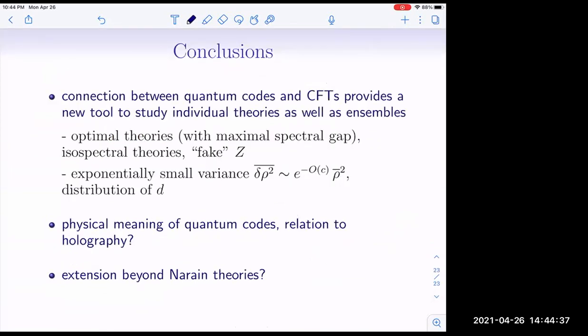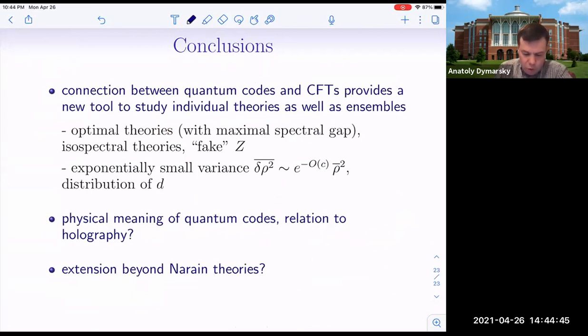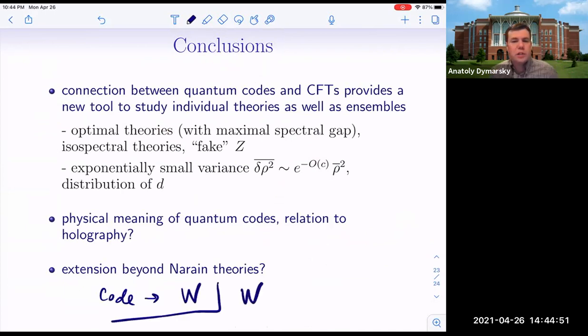Wait, why do you say these fake partition functions don't correspond to a CFT? What's wrong with them? Right, so if you have a code, you can always define W, but sometimes you can have a W which satisfies all algebraic identities you need and all other properties, and the coefficients are integer and positive, but there is no code.